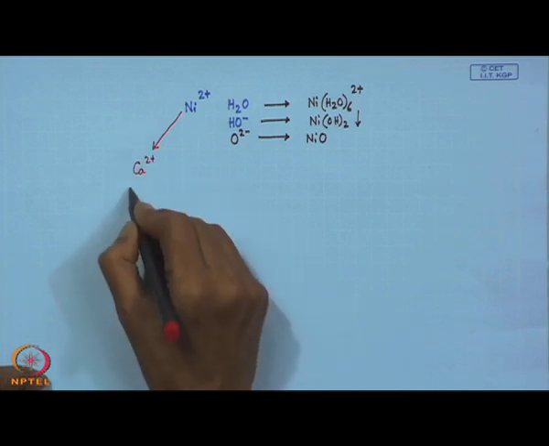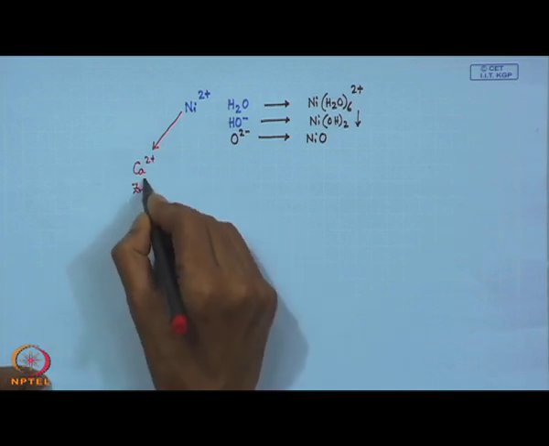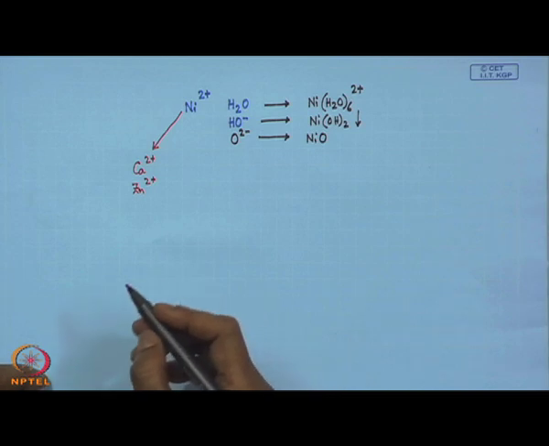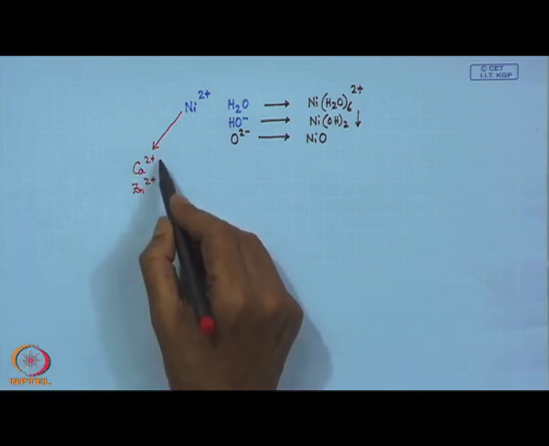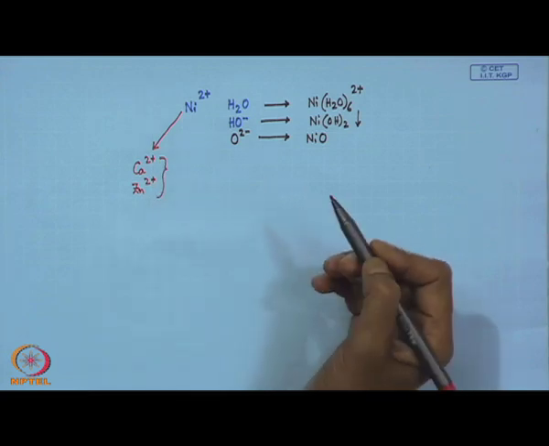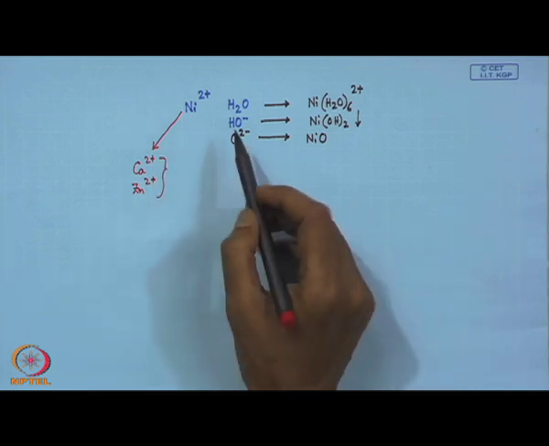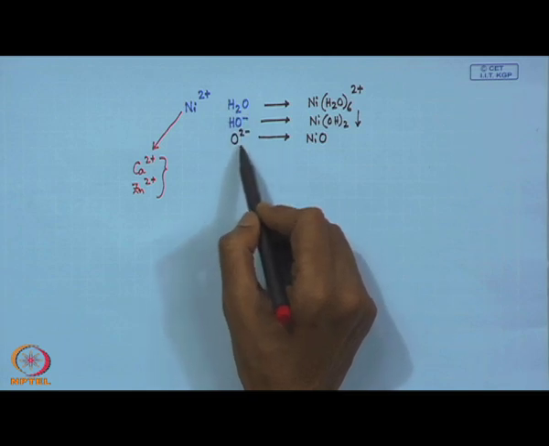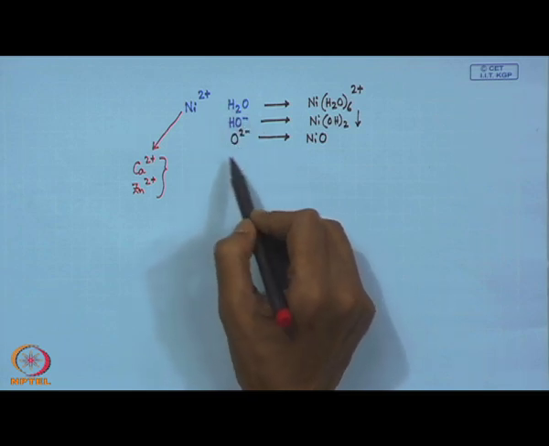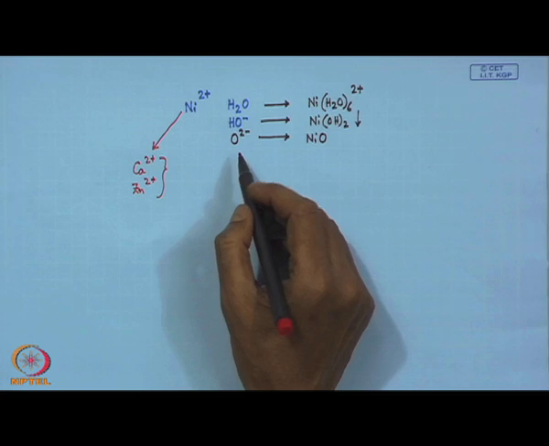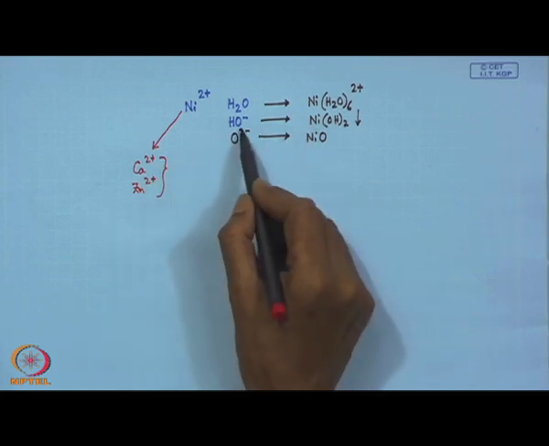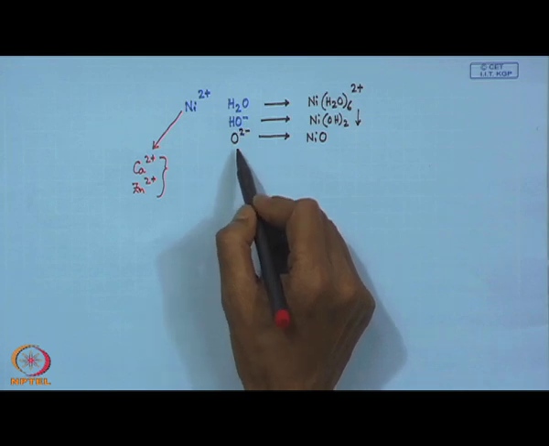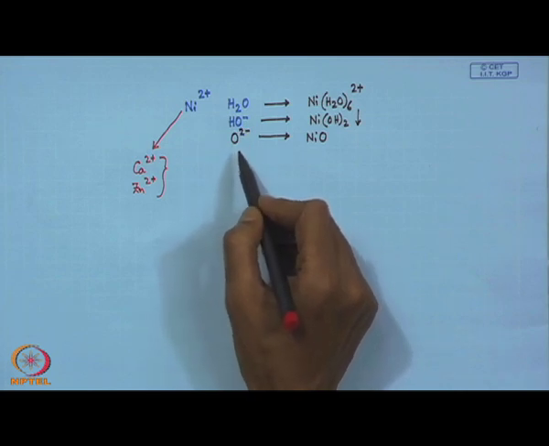with calcium 2 plus or zinc 2 plus, because these two ions without having any d electron can interact with these molecules or some other ligand groups in a similar fashion, where they can also interact with the water molecule and give rise to the corresponding hydroxides as well as oxides.